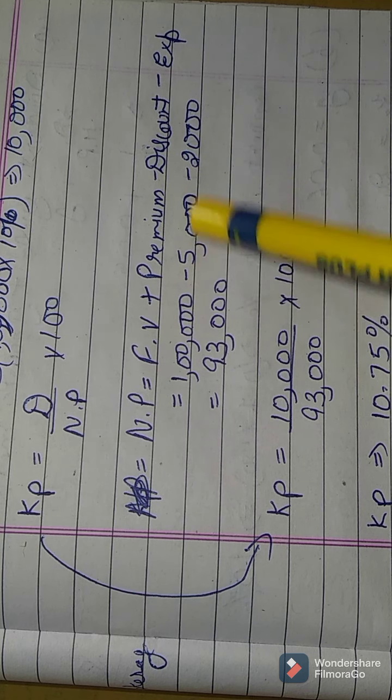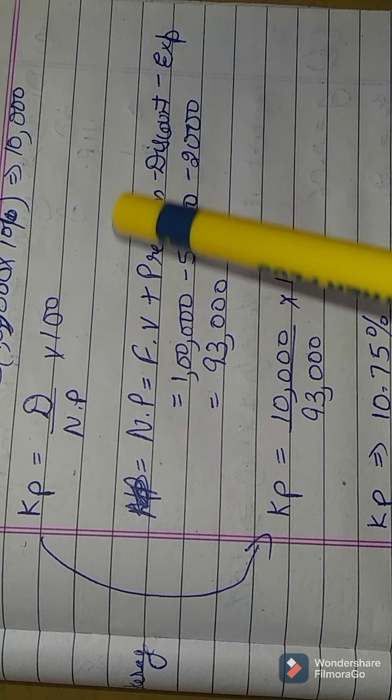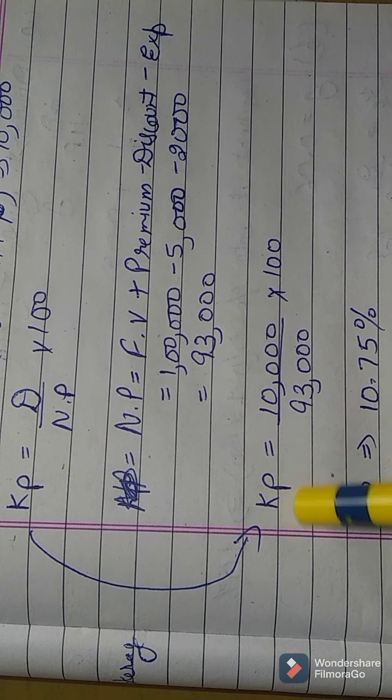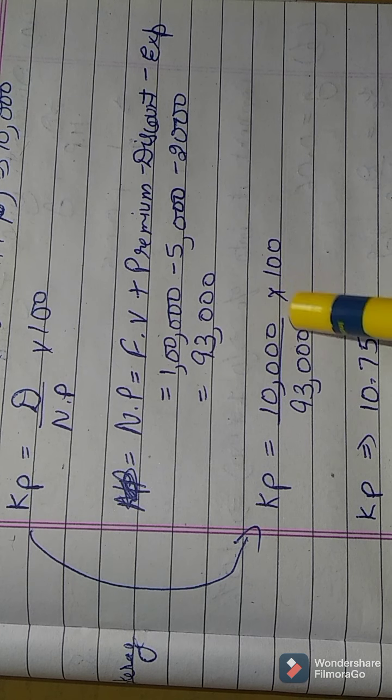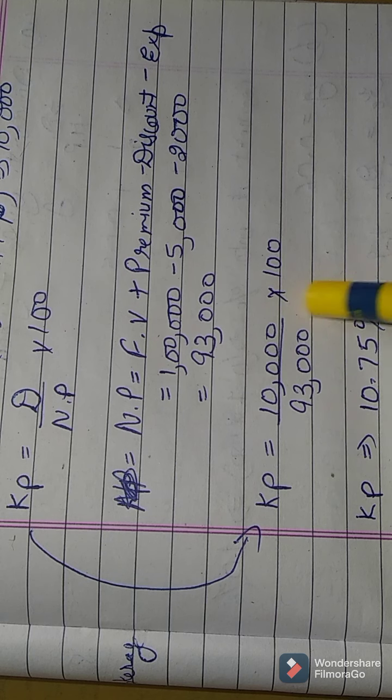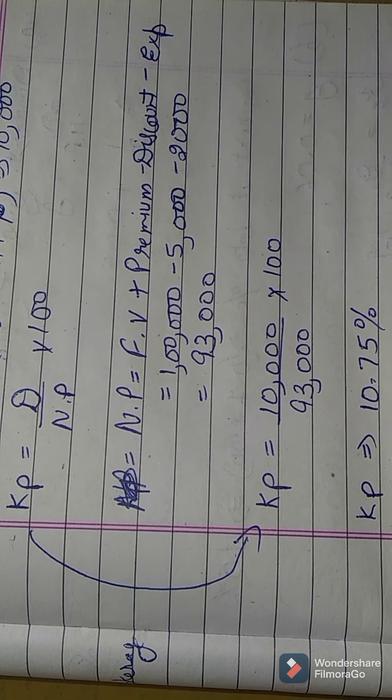So we subtract 5,000 and 2,000 from 1 lakh, then we get 93,000. Cost of preference share is equal to dividend 10,000 divided by net proceeds 93,000 multiplied by 100. Now our final answer is cost of preference share capital is equal to 10.75%.